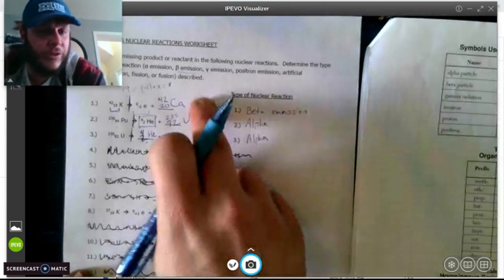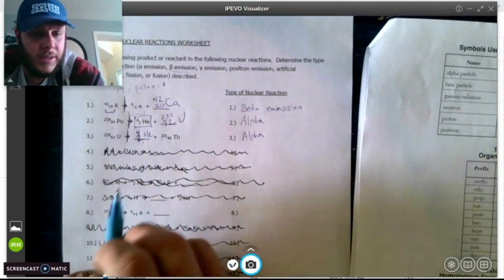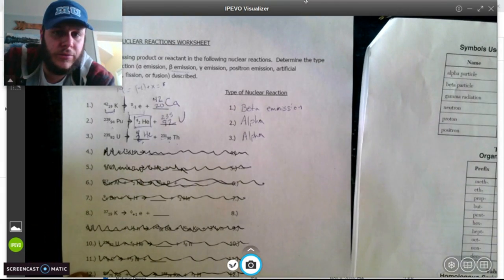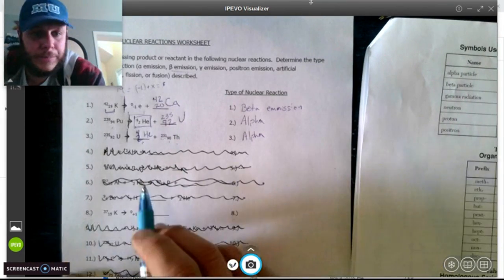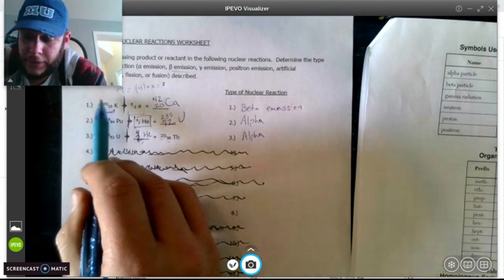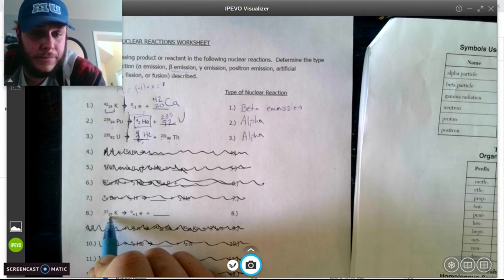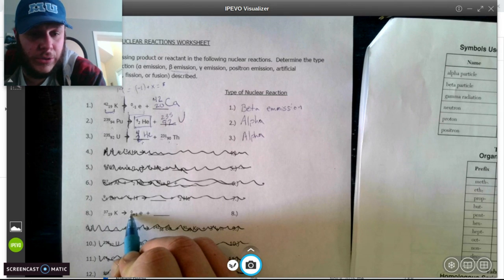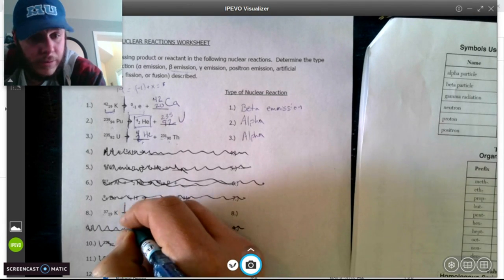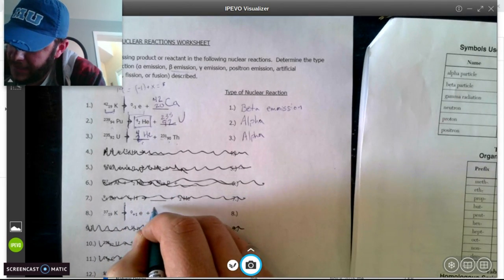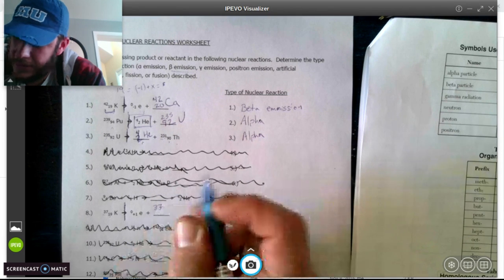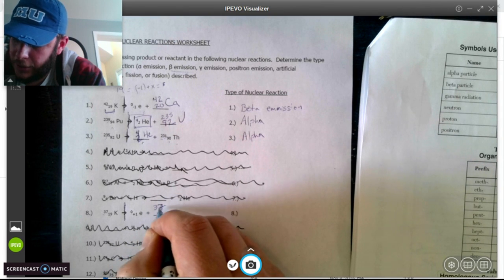Now, number 5 looks very similar to number 1, but it's very different. The mass is different. So the mass is 37. The protons is 19. I now have a mass of 0 in my new particle, which means I'm still going to have a mass of 37 in my other particle.